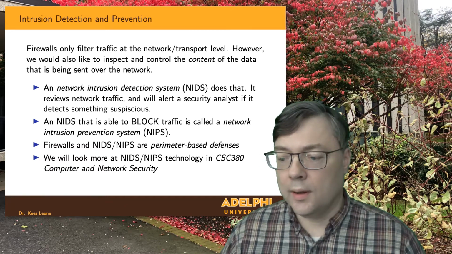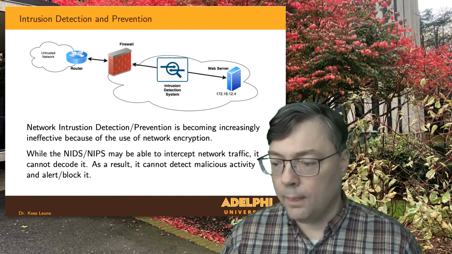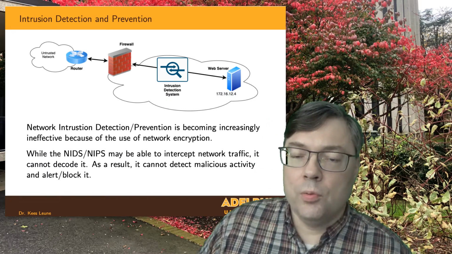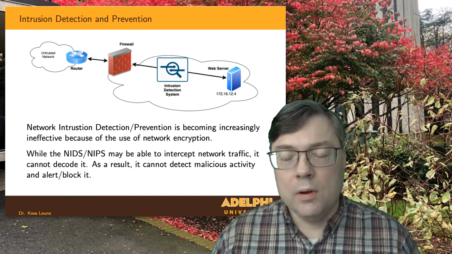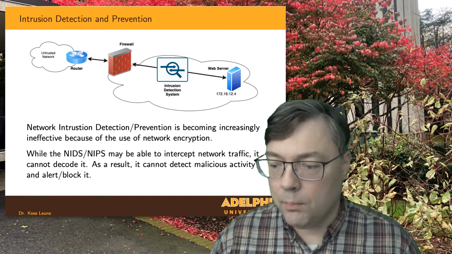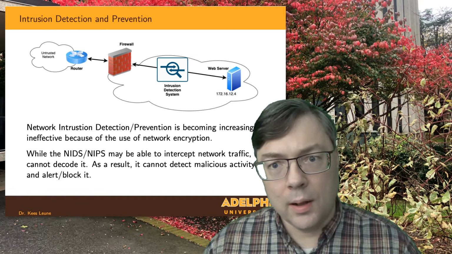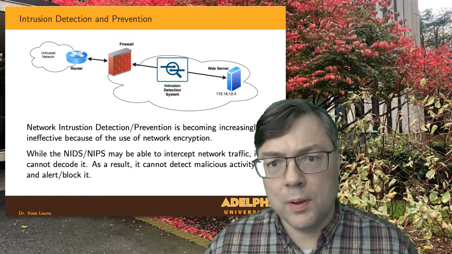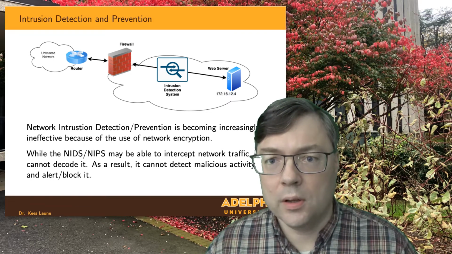Okay, we'll look more at IDS and IPS technology in future classes. Important to realize is that IDS and IPS technology is becoming increasingly ineffective because of the use of network encryption. Remember, an IDS or an IPS is based on the premise that I want to look inside the network traffic to see what's going on there.